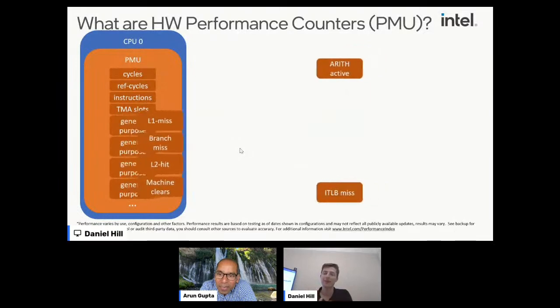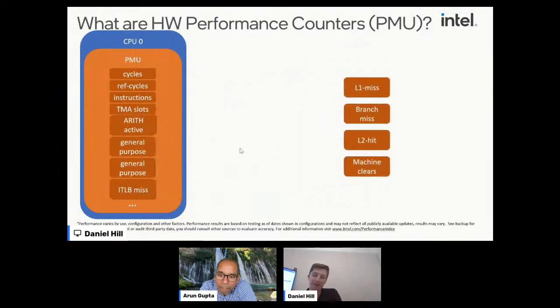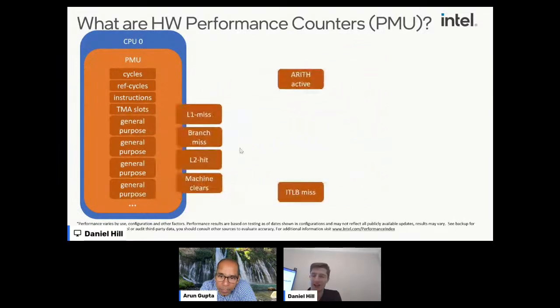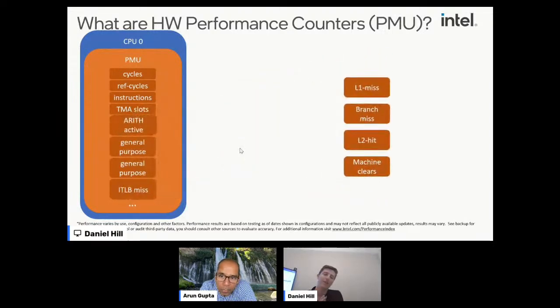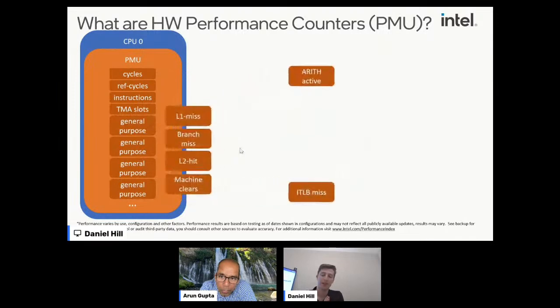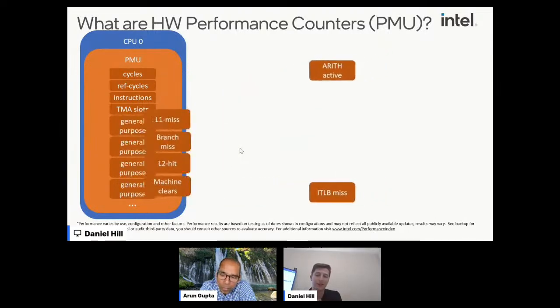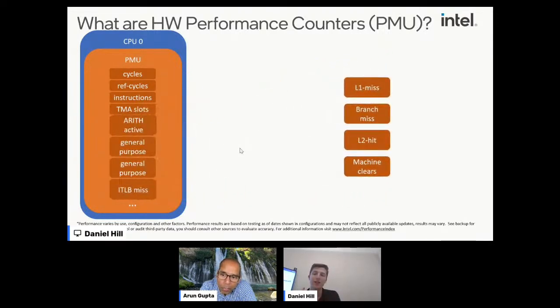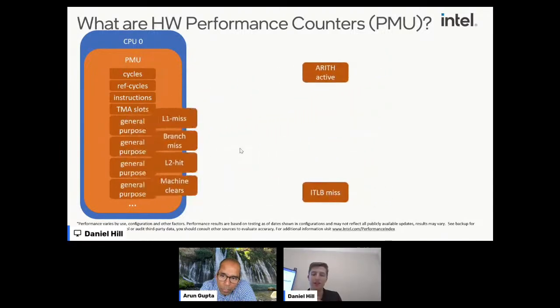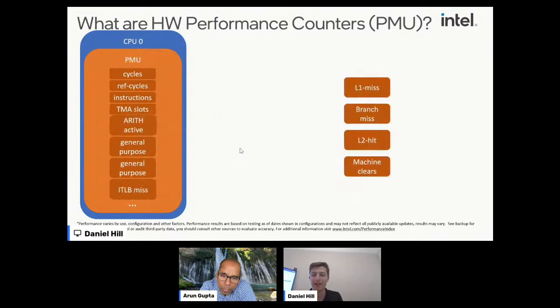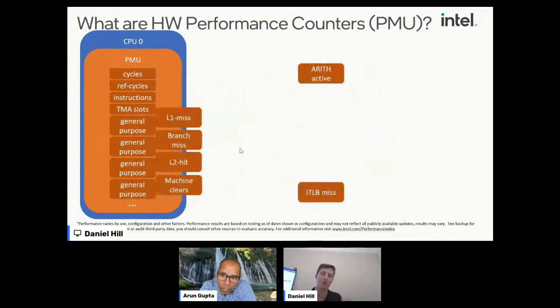Say you put in too many events: you schedule some of these events for the first 10 milliseconds, I'll just throw out a random number, and then you swap it out for the next group of events for the next 10 milliseconds. So they're recording at different times, but since it's such high granularity, you can still collect pretty accurate measurements, even though they're not all recording at the same time.